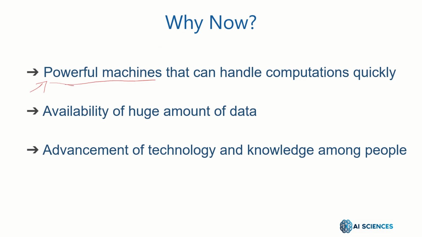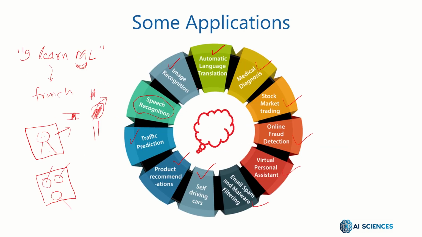The other reason is the availability of a large amount of data. All the applications that I've shown you depend upon data. For example, to build automatic language translation software or a model, we will see what a model is, you need a lot of data from different languages.